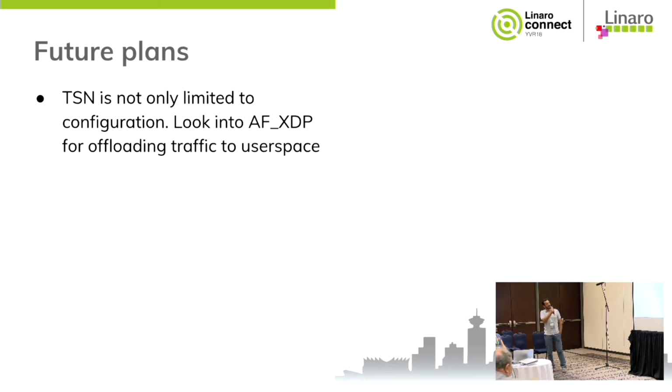XDP was merged a month ago, which practically offers an offload from the hardware to a user space socket. So we did some measurements, and on a very draft initial idea and proof of concept we reached almost 2 microseconds from the hardware to the user space. So this is looking promising for TSN implementations, but this is one of the things we want to look at.